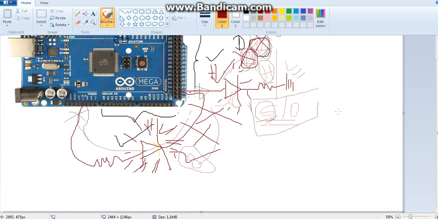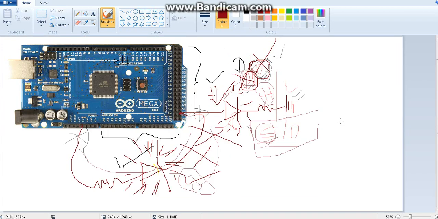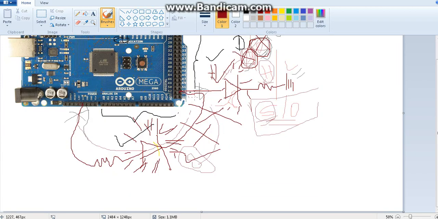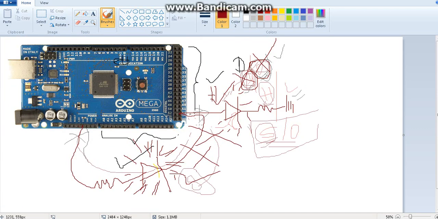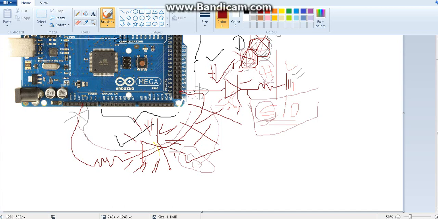So if nothing is connected to a particular digital pin, the state of the pin is called undefined. It is not 1 and it is not 0.